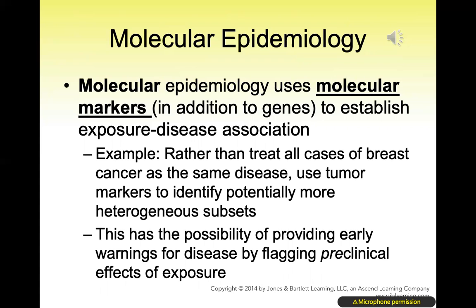So this also has a possibility of providing early warnings for disease by flagging preclinical effects of exposure. So this is really the future. It leads to things like targeted therapies and individual therapies. It leads to fields such as pharmacogenetics.